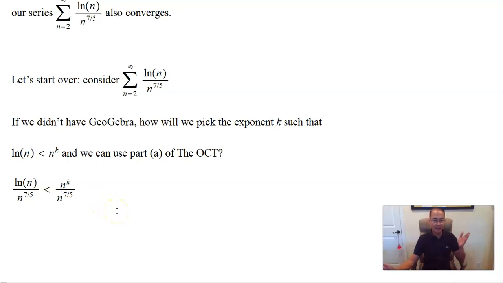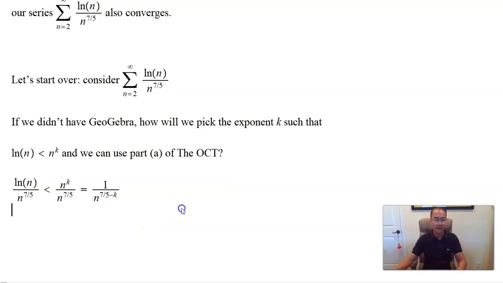We don't know what the k is, but remember what happened: k should be small enough so that 7/5 is bigger than k, definitely, and the exponent has to stay positive in the denominator. So this is going to turn into 1 over n to the 7/5 minus k.